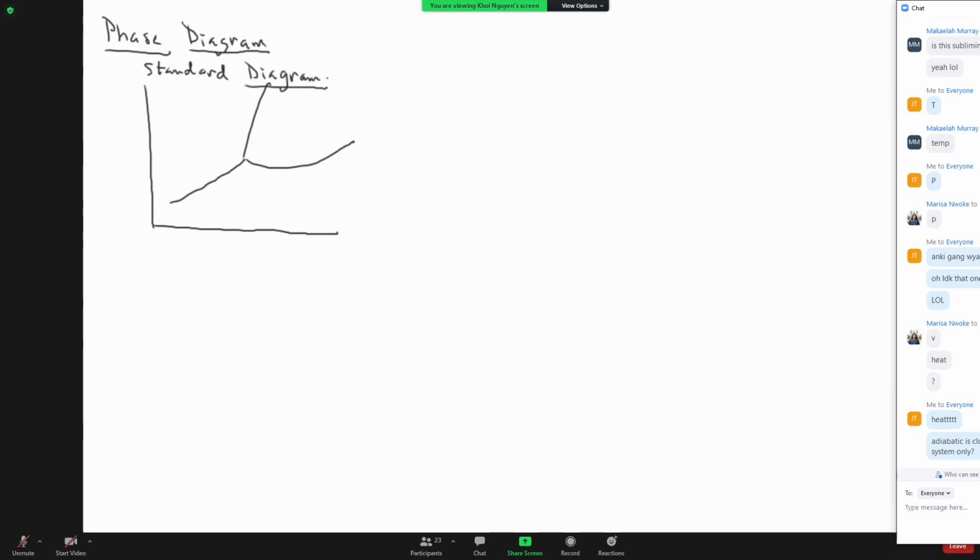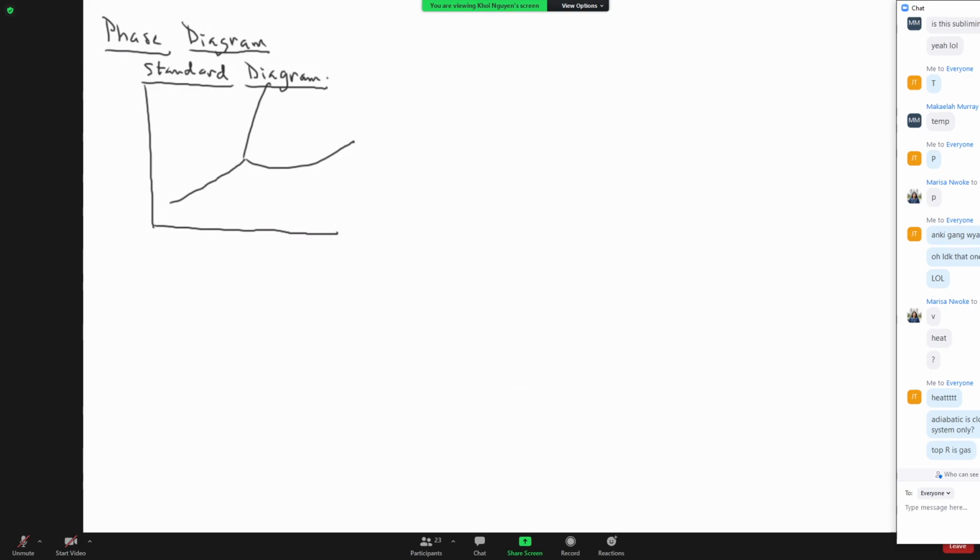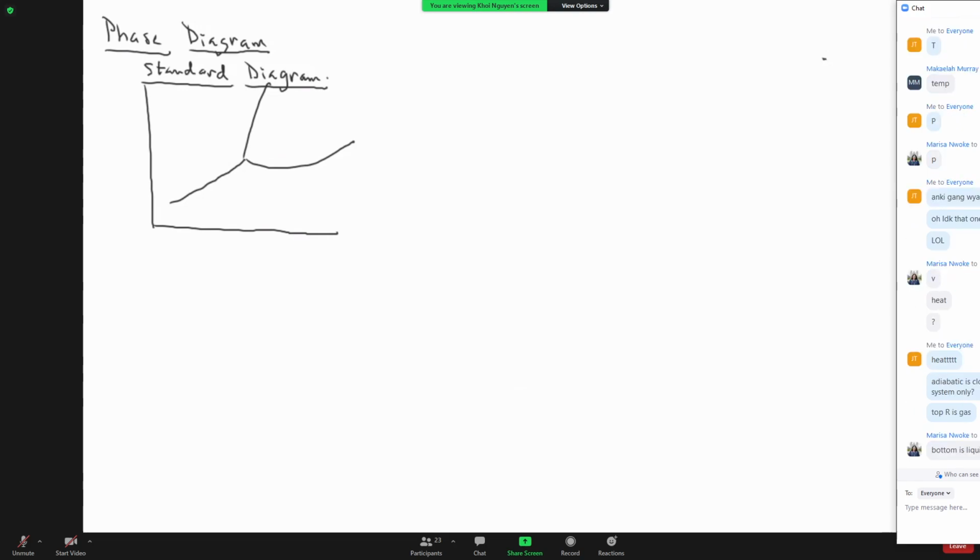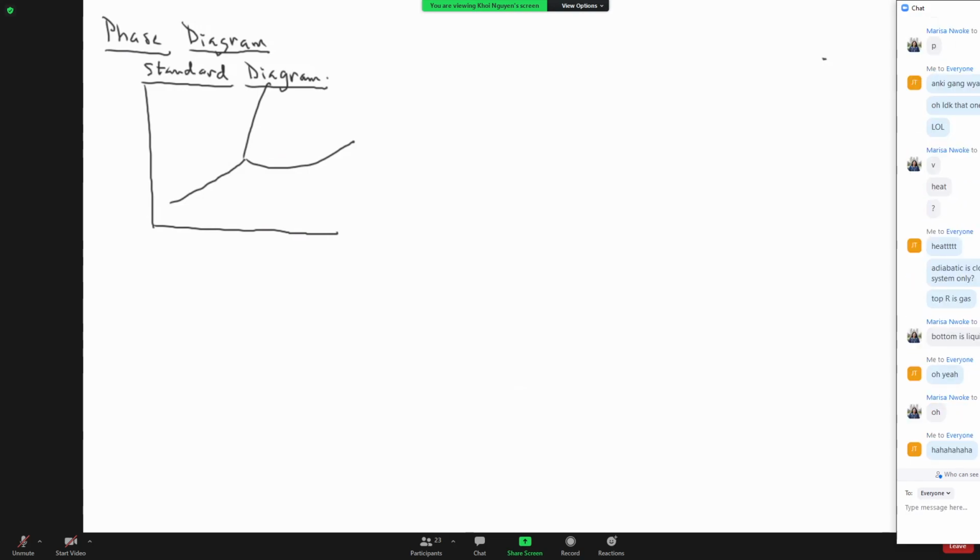Solid, liquid, and gas. Left something out that's kind of important. My axes. Need to know your axes. You can't label anything, and I left it out on purpose.